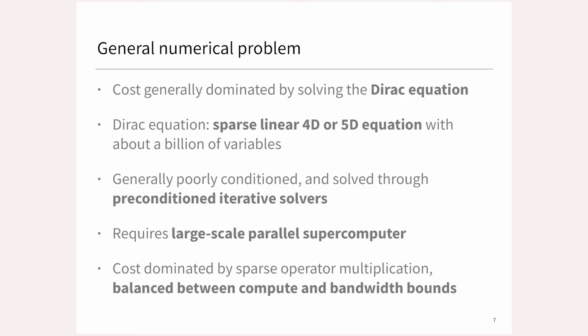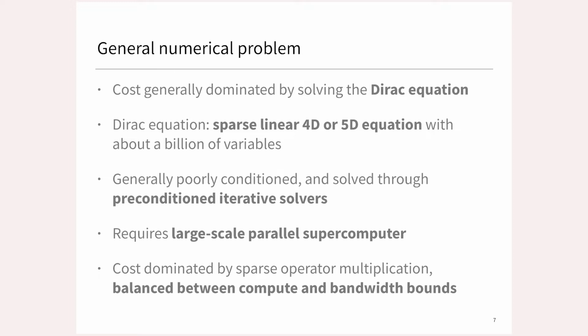So it's a large number of degrees of freedom and a lot of iterations. Nowadays, state-of-the-art lattice simulation cannot be performed without large-scale parallel supercomputers; this is the only way to do it. So scaling and parallelism in software design is a very strong constraint for us.